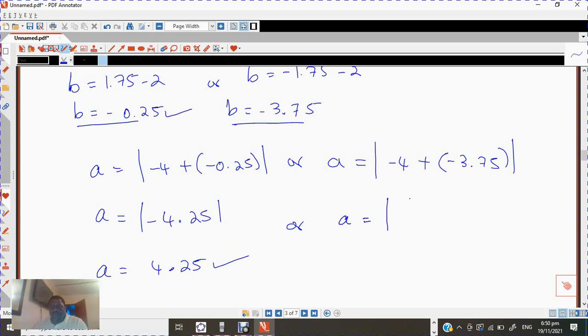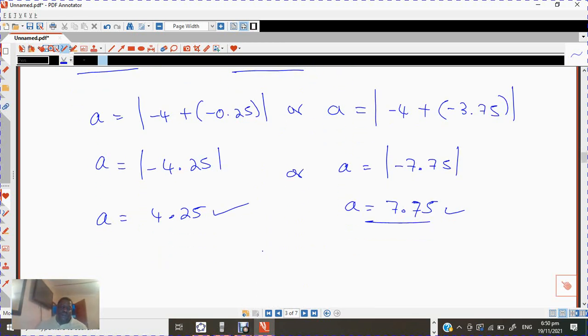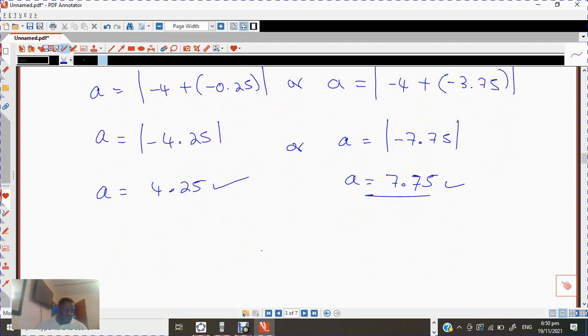Another one here would be negative 7.75. Again, the absolute value of something like that must be positive, and this is the other condition. When b is negative 3.75, a is 7.75.